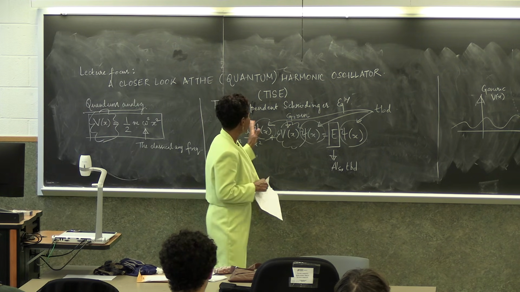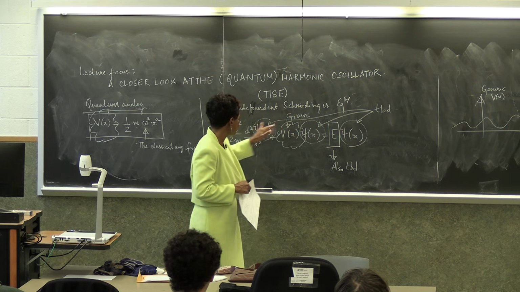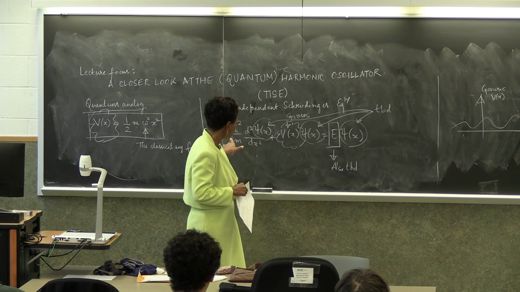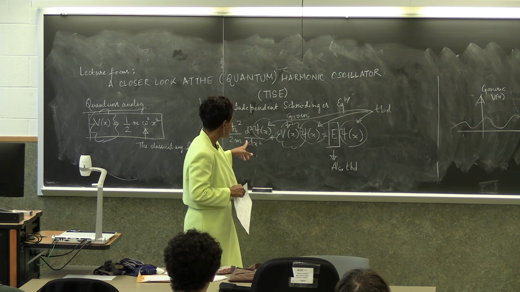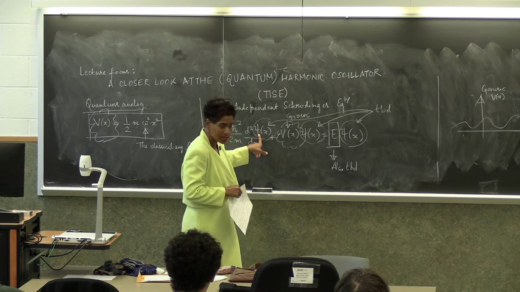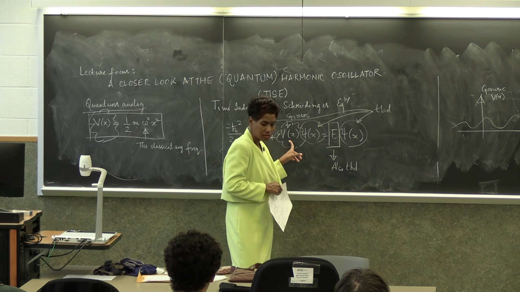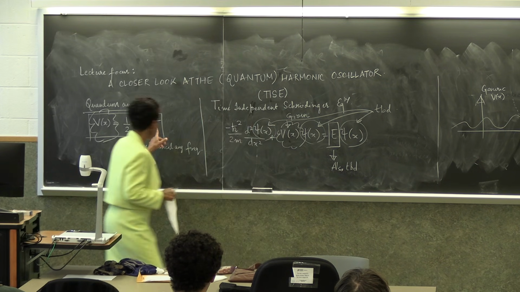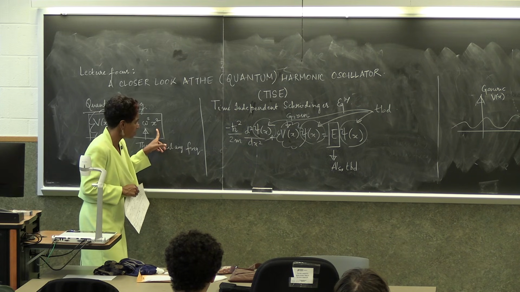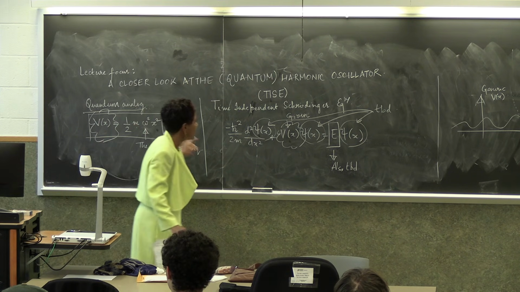So here is the time-independent Schrödinger equation, which I'm going to call this going forward. The program is to find small psi of x given the potential energy term, which is quadratic in x for the simple harmonic oscillator. Okay?